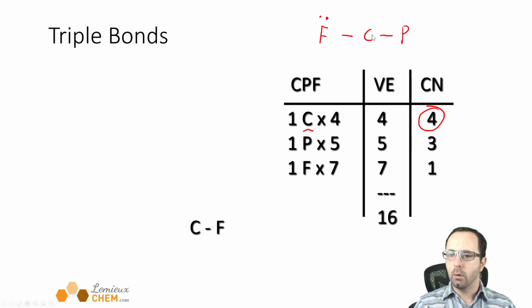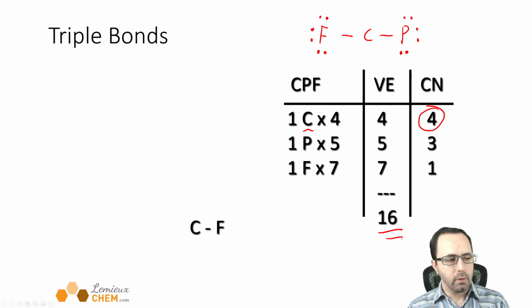So 2, 4, 6, 8, 10, 12, 14, 16. That's all of the electrons I have. I've run out of electrons here. But notice carbon does not have an octet.